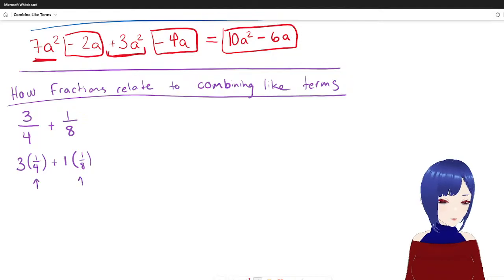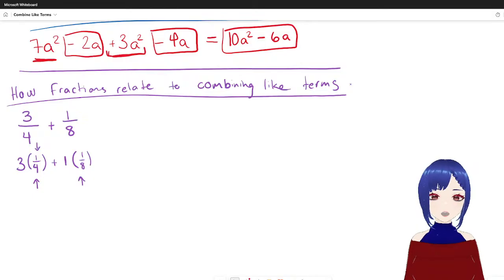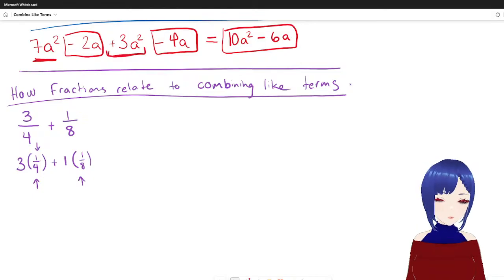These are different types of fractions. So because they're not the same type of fraction, we can't add them together because the 1/4 and the 1/8 don't mesh together. This is why we have to change the fractions, because I can't just do 3 plus 1 and then say I have 4/8 because the other ones are an 8.